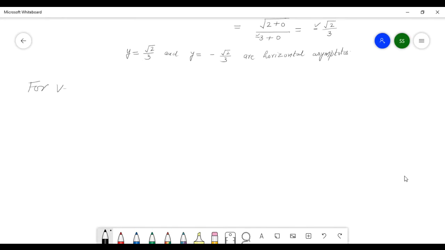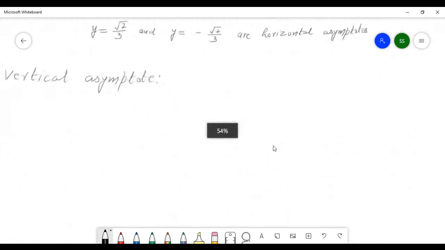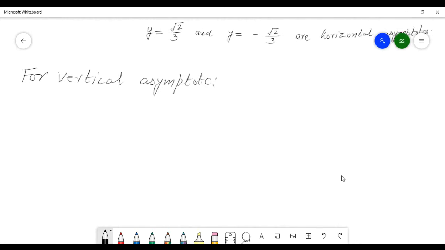The function is (x squared plus 1) divided by (3x minus 5). So how do we find the vertical asymptote?